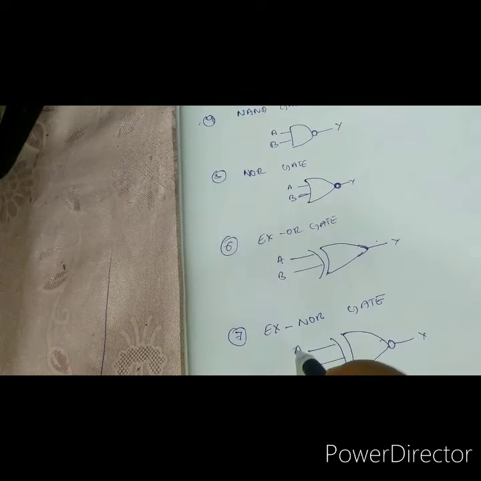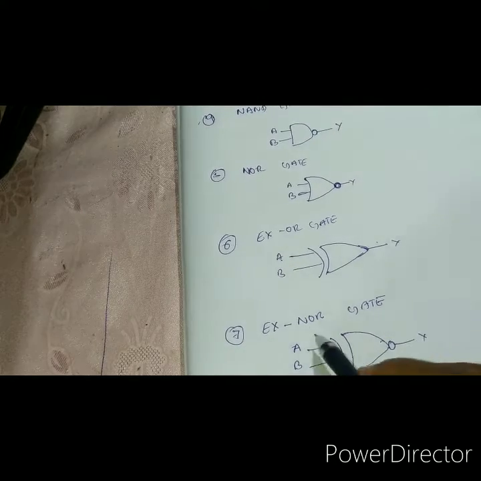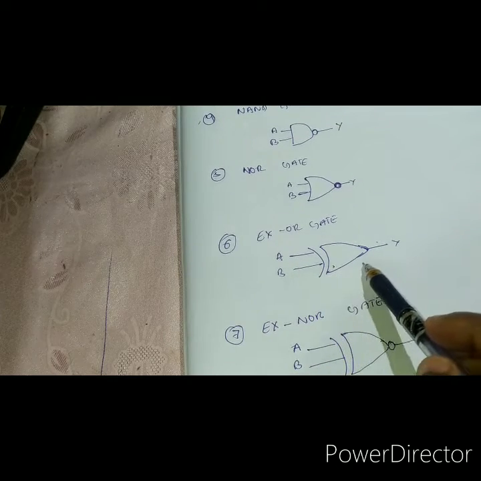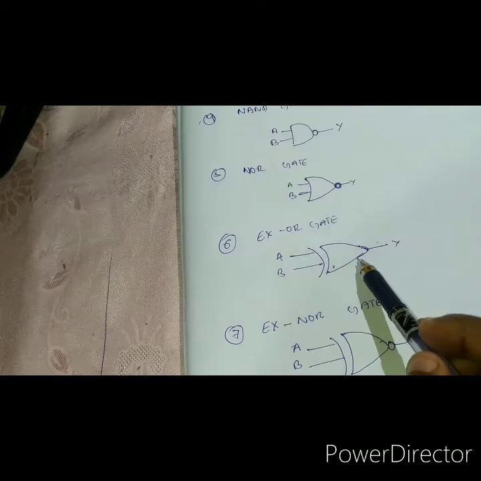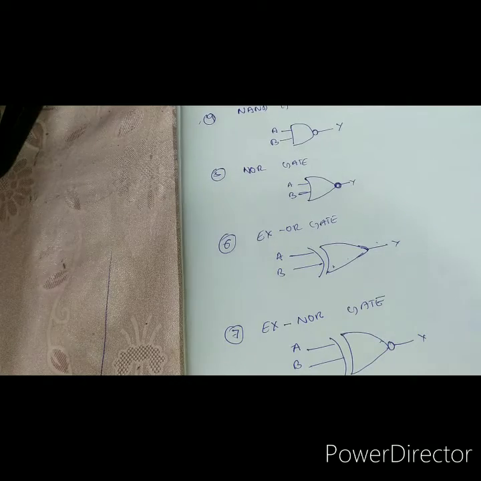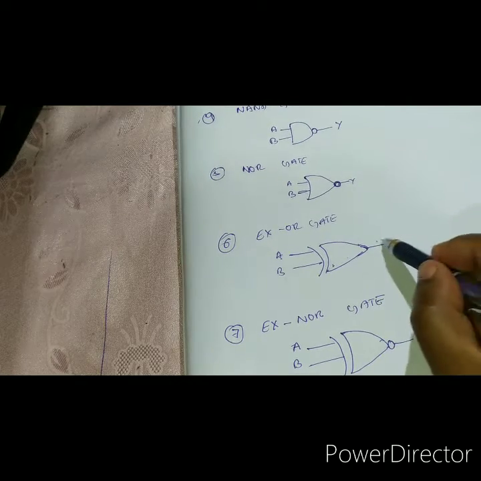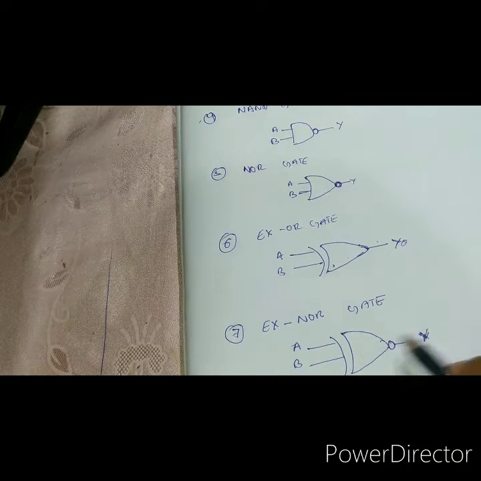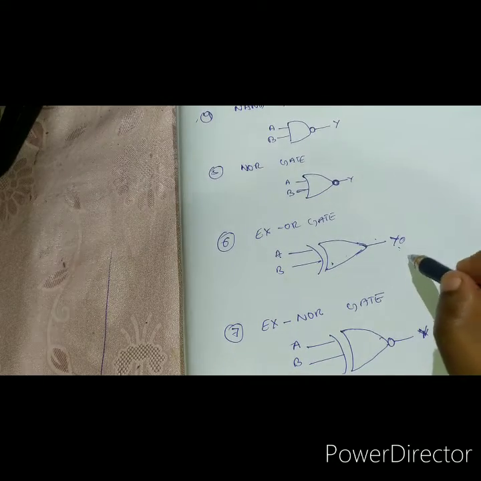This is Y, this is A, this is B. The XNOR gate is nothing but the complement of the XOR gate. Whatever the output of the XOR gate is, the output of the XNOR gate will be its complement.